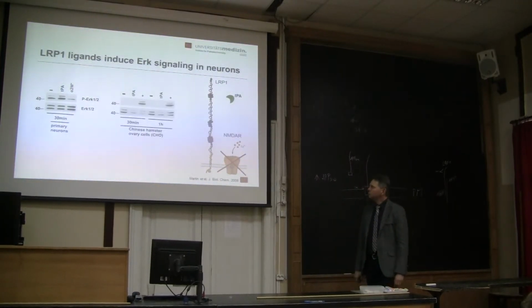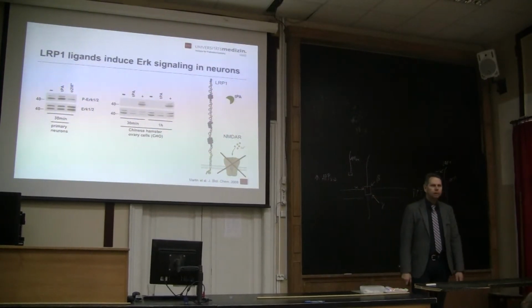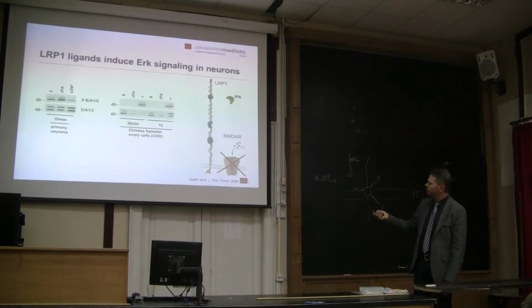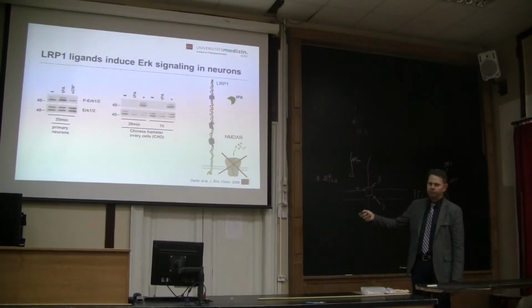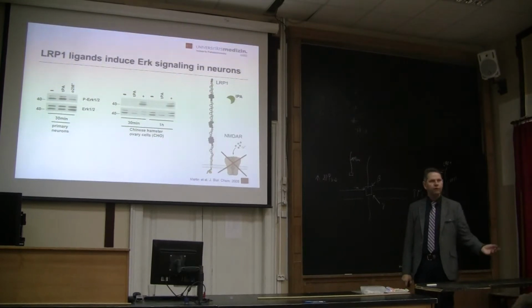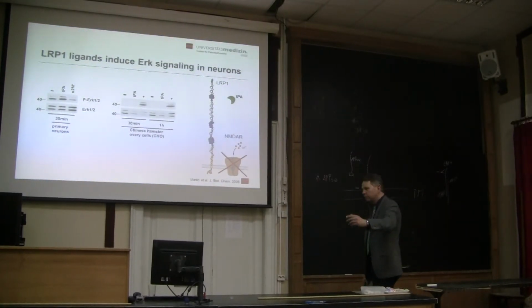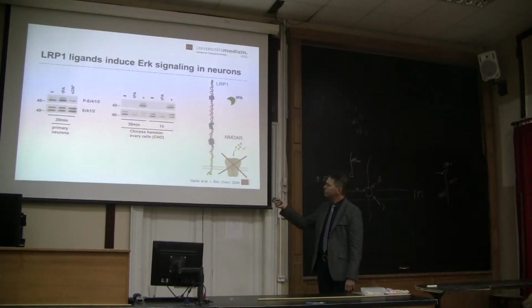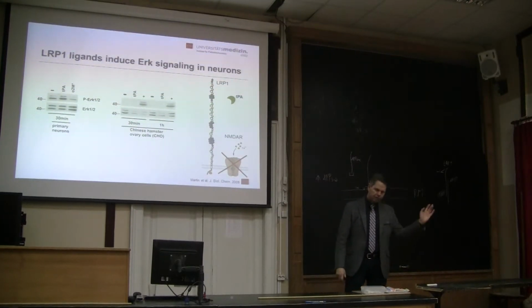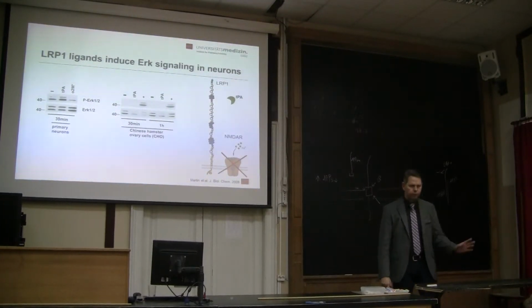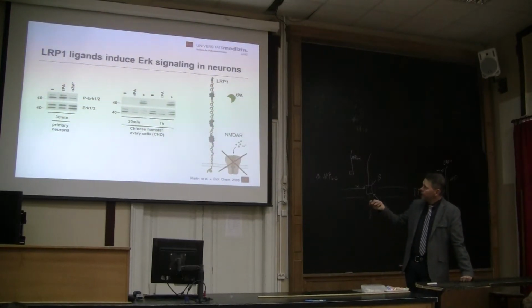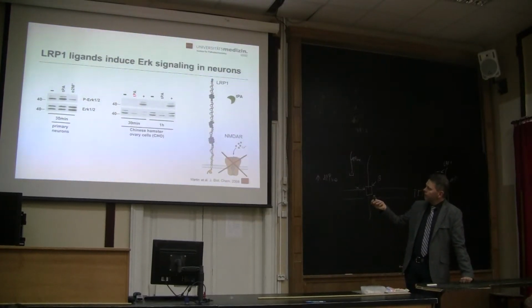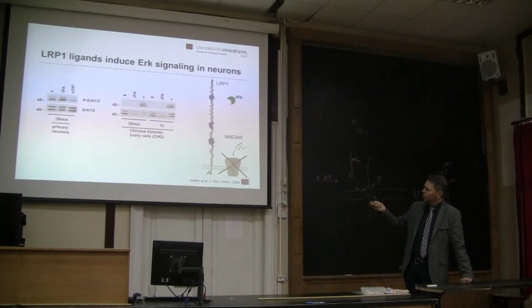Okay, then we said we take the NMDA receptor out of the equation. Maybe the effect on signaling we see in neurons has nothing to do with the NMDA receptor. Therefore, this time we chose Chinese hamster ovary cells. It's just a regular cell line. Doesn't matter, you can use any kind of cell line that doesn't have an NMDA receptor. And here, if you add TPA, you see nothing.